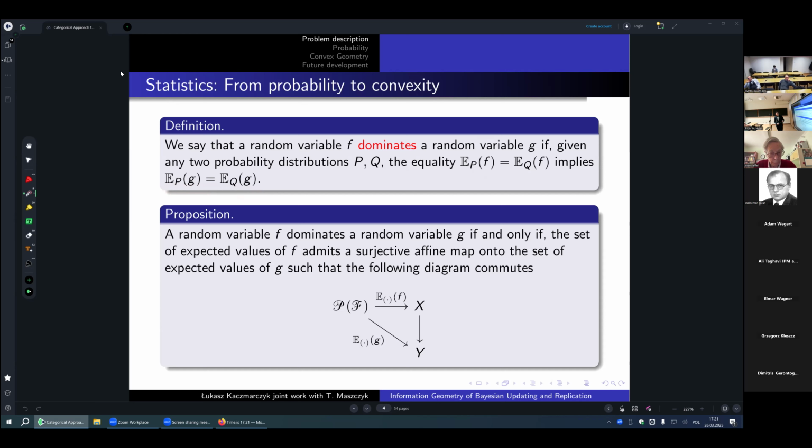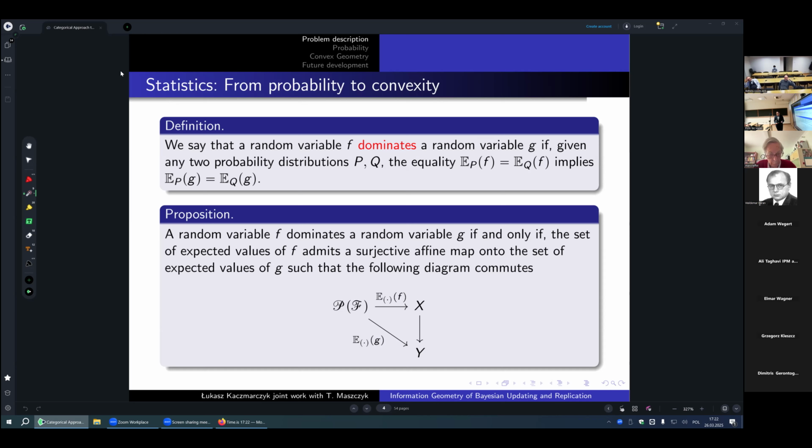Then F and G being in the domination relation is equivalent to the fact that the space of all possible expected values of F and all possible expected values of G are related by an affine map. So this exchange of a random variable as a measurable map for a random variable as an affine map is well behaved. So what do you mean by affine map?